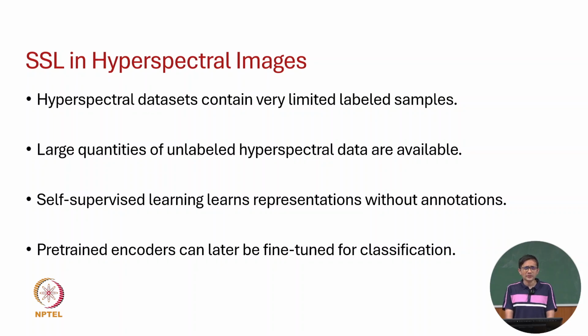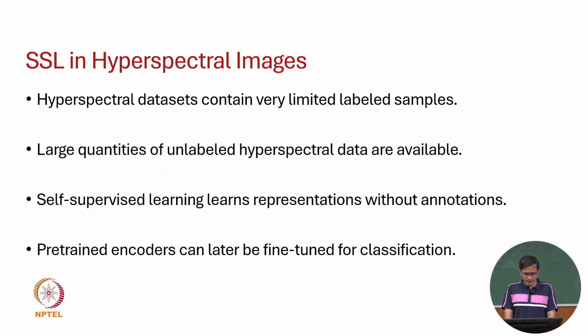In multispectral, we are also talking most often about 3 or close to 3 channels. In hyperspectral images, we are talking about a really large number of bands, and we cannot just use a model which has been pre-trained on ImageNet or some other such dataset and fine-tune on our hyperspectral data.